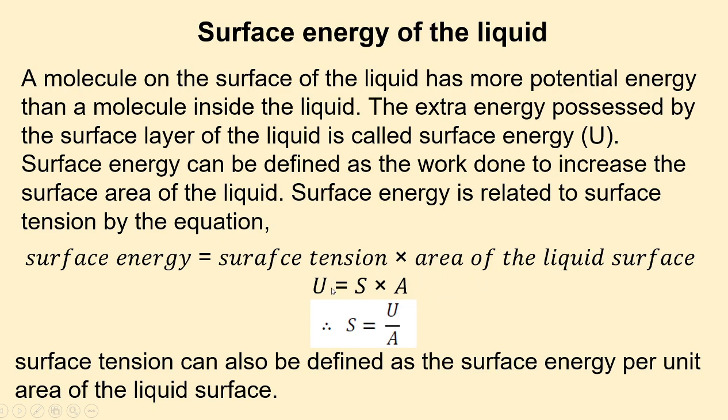That is, U equals S times A, or S equals U by A. Then we can also define the surface tension as the surface energy per unit area of the liquid surface. This is another definition for surface tension.